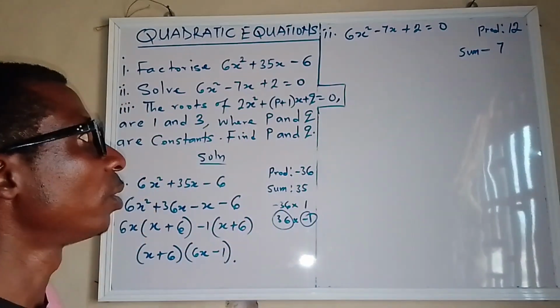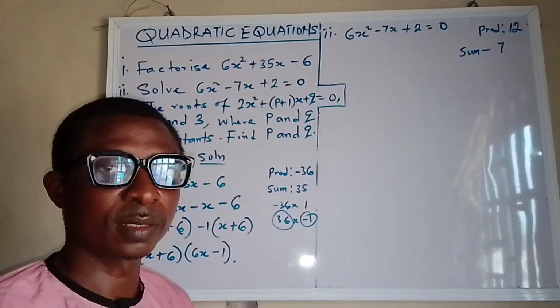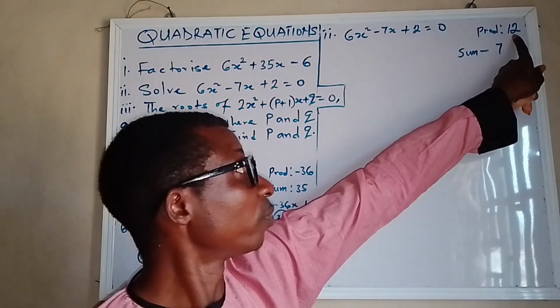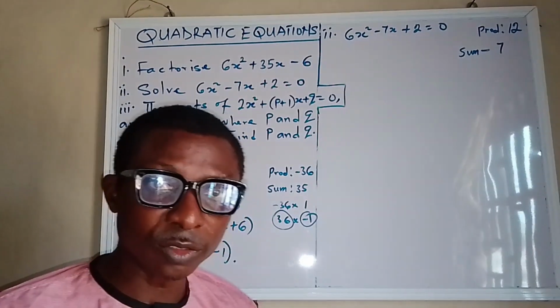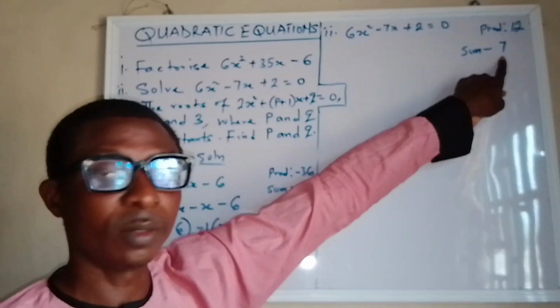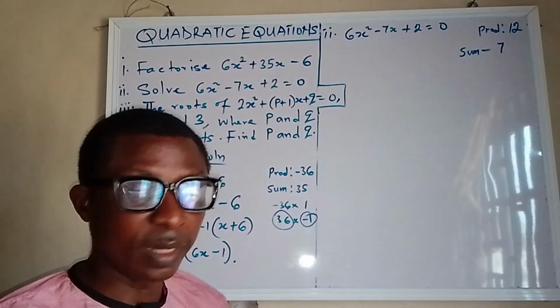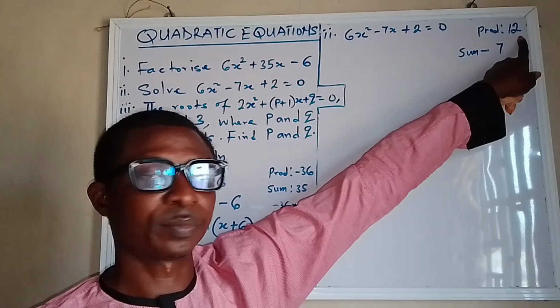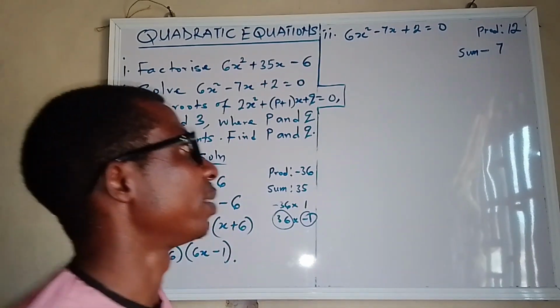Okay, so now you need two numbers which are factors of 12. When you add together, you have minus 5, and when you multiply them together, you have 12. So what are the two numbers?